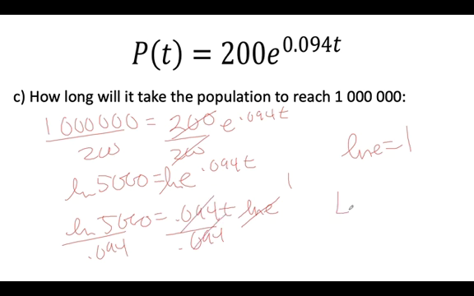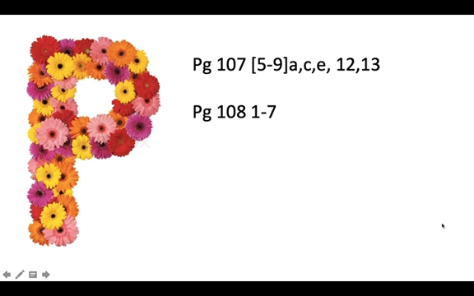The 0.094 divides out. t equals ln 5,000 divided by 0.094. Around, I should make that squiggly line. t is approximately 90.6 days. All right, that's it. Try those homework questions, and any questions, let me know.